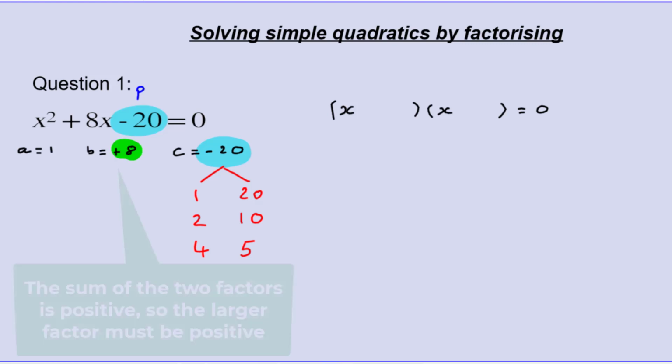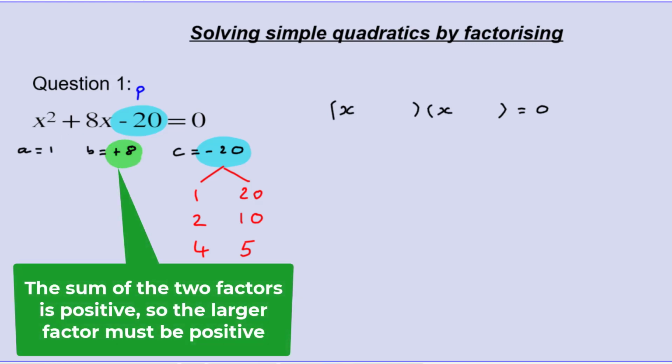In order to achieve that, we look at b, which is the coefficient of x. Here it's plus 8, so we're looking for 2 numbers that add up to give plus 8, positive. If the sum is positive, that means the larger factor for each pair must be positive.